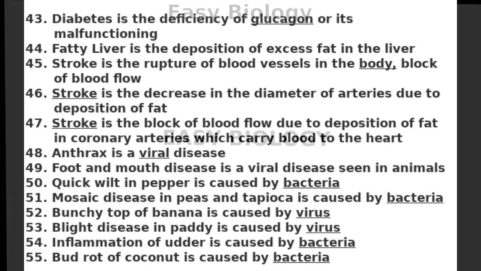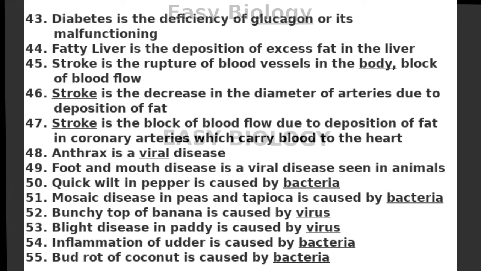Question number 43. Diabetes is the deficiency of glucagon or its malfunctioning. Here, the underlined portion is glucagon. It is wrong. The correct answer is diabetes is the deficiency of insulin or its malfunctioning. Question number 44. Fatty liver is the deposition of excess fat in the liver.